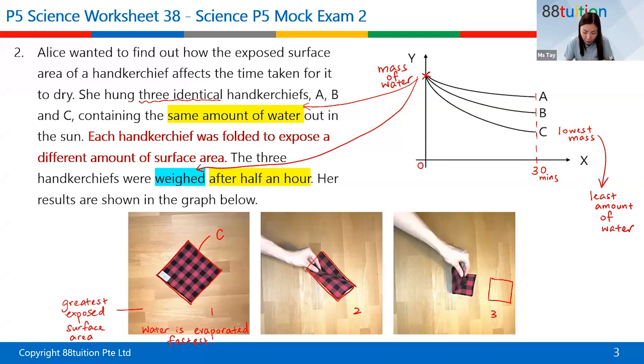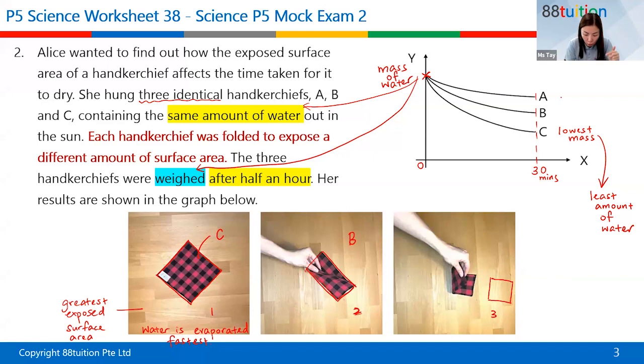Clear? So if I have my number 2, which handkerchief represents it? Must be B, right? Because it's just right in the middle. The amount of water in the handkerchief is just in the middle.